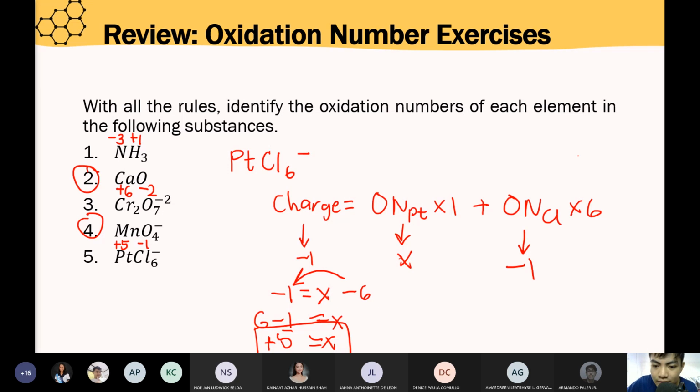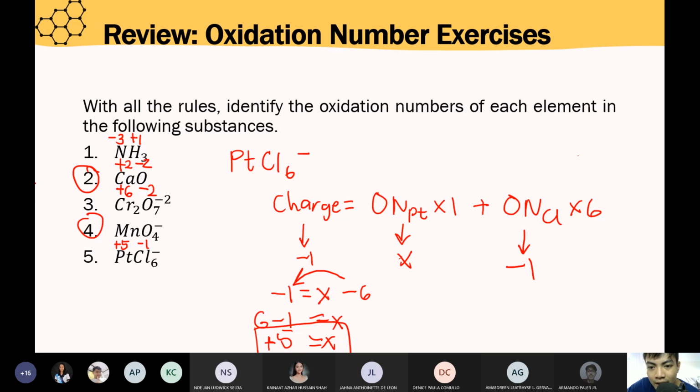Okay, I will no longer show the solution, but I will give you the correct answer. Calcium here should be +2, oxygen should be -2, because the charge of the molecule is 0. Therefore, if oxygen is -2, what do you add to -2 to make the charge 0? That's +2. So, calcium oxide has oxidation numbers of +2 and -2, respectively.